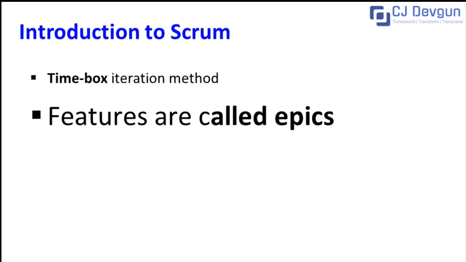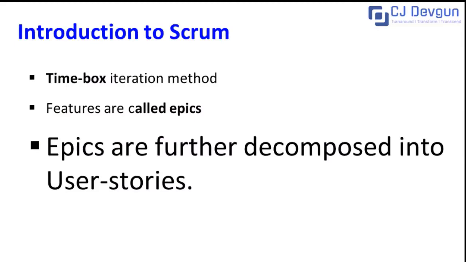Now, features in Scrum are called epics, and you may have heard of the term epic. One feature is one epic. An epic is further decomposed into smaller pieces called user stories, and user stories are what each team commits to deliver in each sprint.